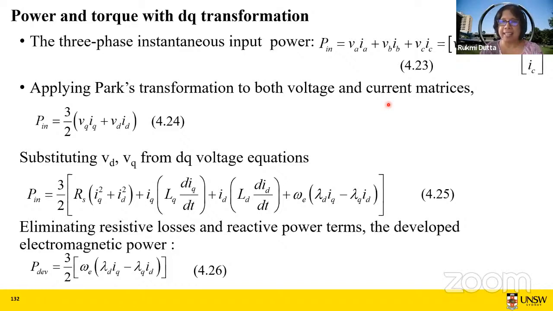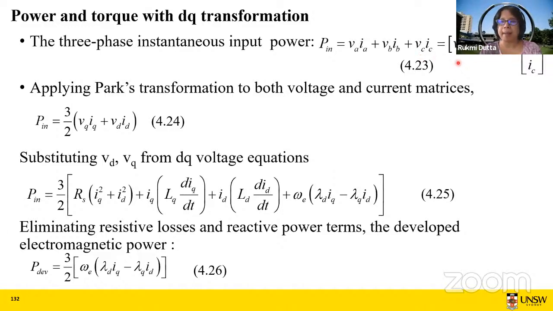And for that, again, we start with the basics. We start with the instantaneous power of three-phase, VA IA plus VB IB plus VC IC, which we can also write in matrix form, right?